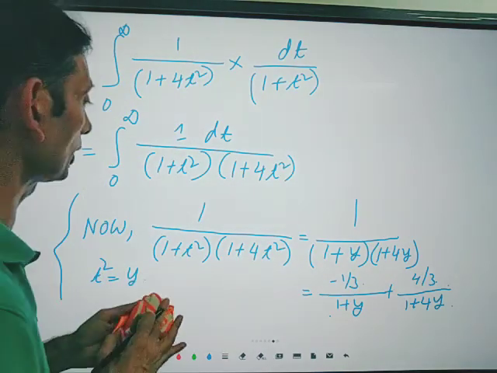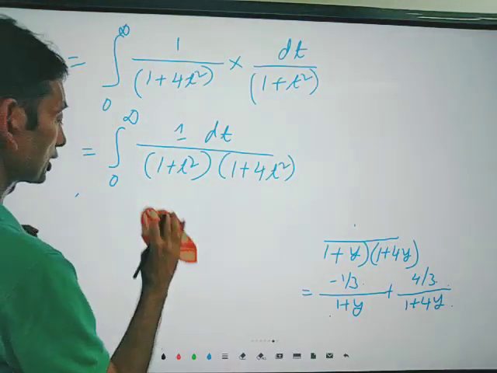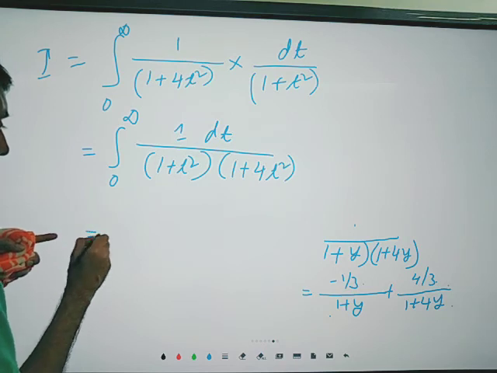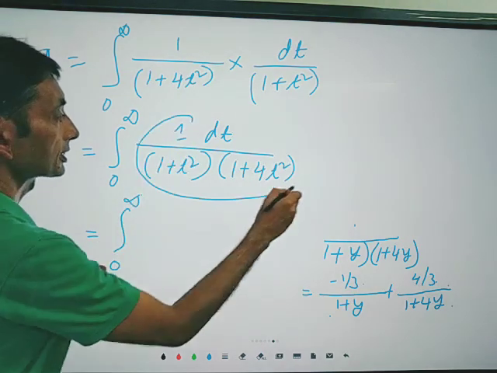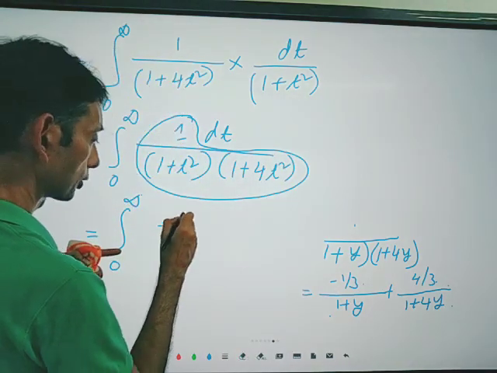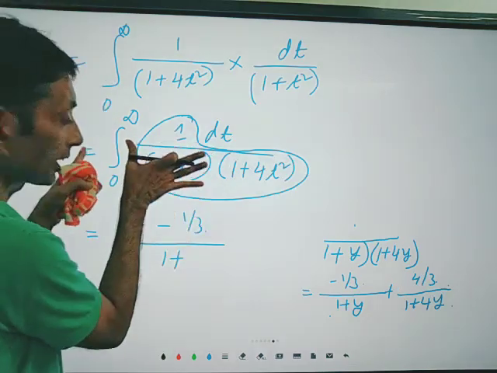We'll just continue now. So if we continue, we can write these expressions in this way. So it's 0 to infinity. Instead of these particular expressions, we can just write minus 1 by 3, 1 plus. Remember this, that you are integrating in terms of t.